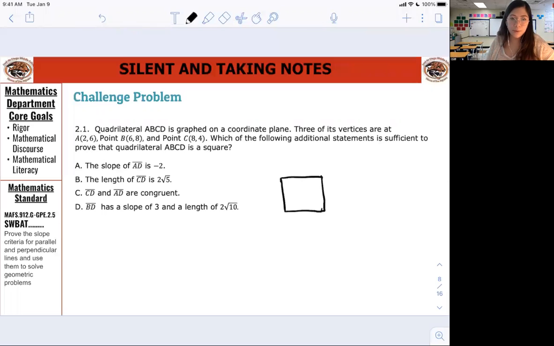We're trying to prove that this is going to be a square. So I drew it a little bit more like a square. We don't know where D is, but we have some information.